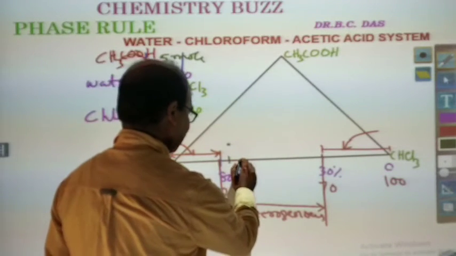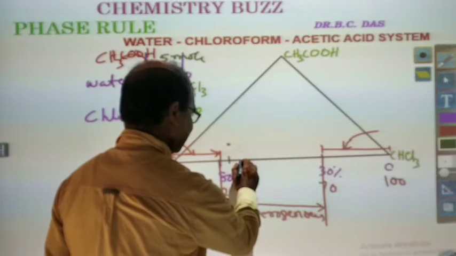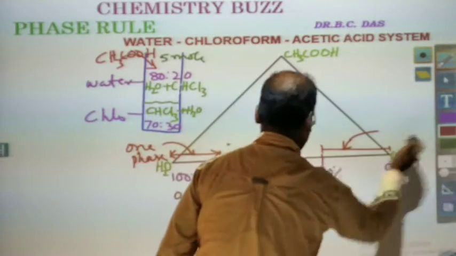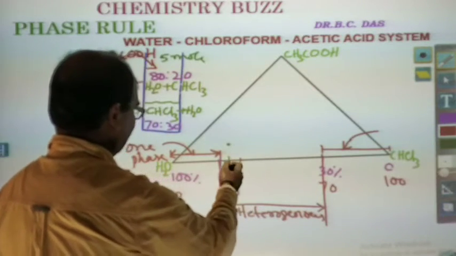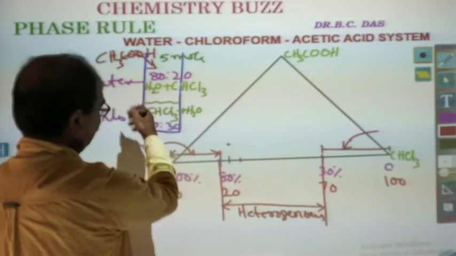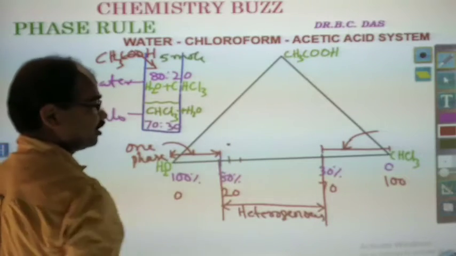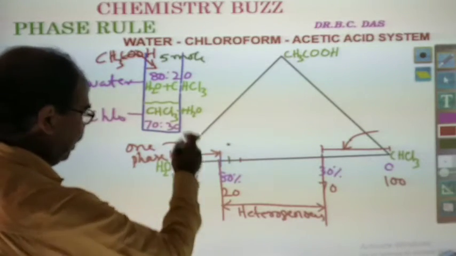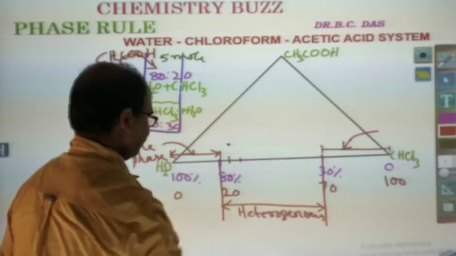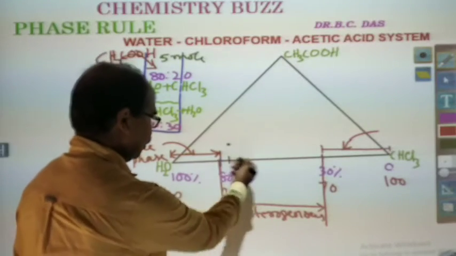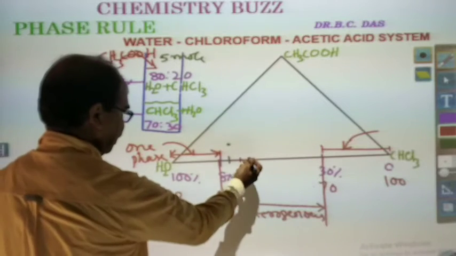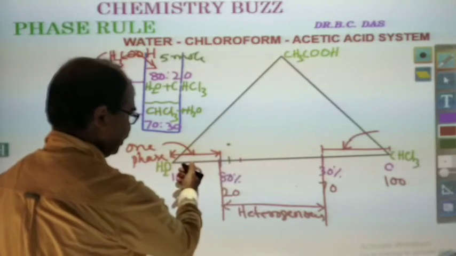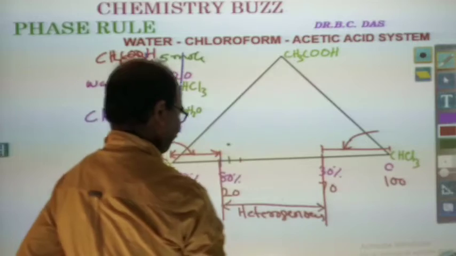Again, let us take another composition here, and if you add water or chloroform to this mixture, then it will again form two layers because the composition will shift. If you add chloroform, the composition will shift in this direction. If you add water, then the composition will shift in the backward direction.